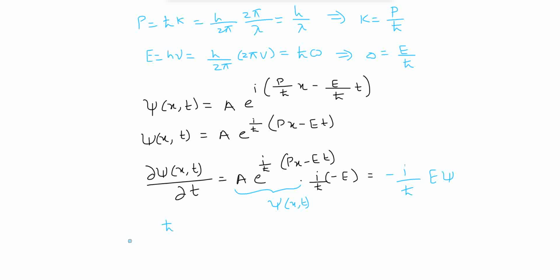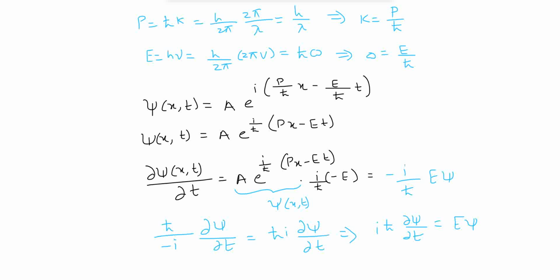So basically, when we do this, we get i h cross dou psi by dou t is equal to E psi.